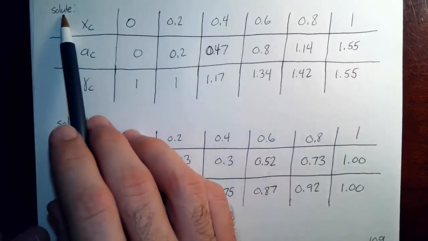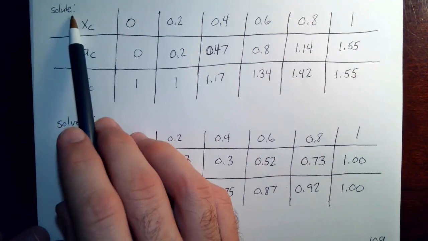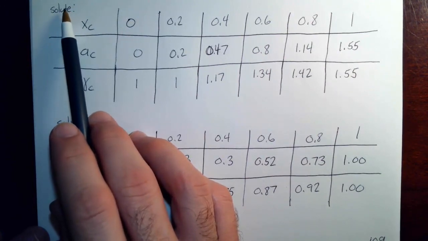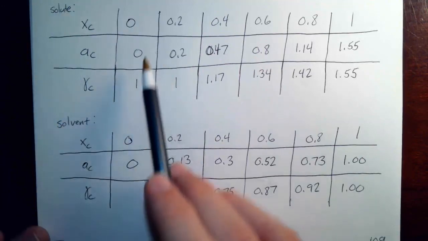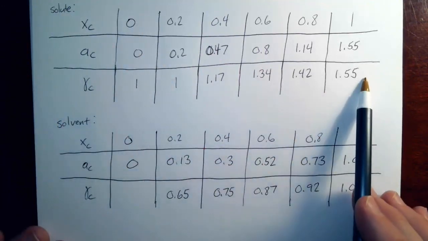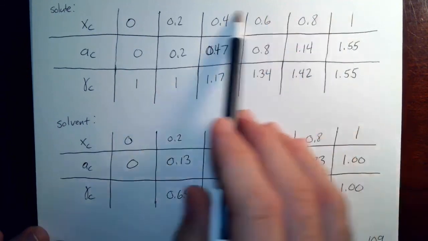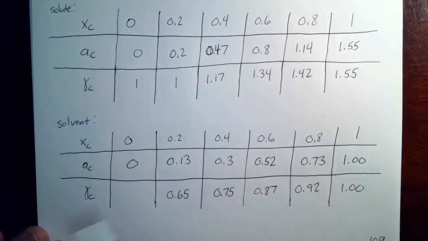So in the case of the solute, we expected gamma to approach 1 as x approaches 0. And we see that is true, that gamma was getting closer and closer and eventually was exactly 1 as xc was approaching 0.